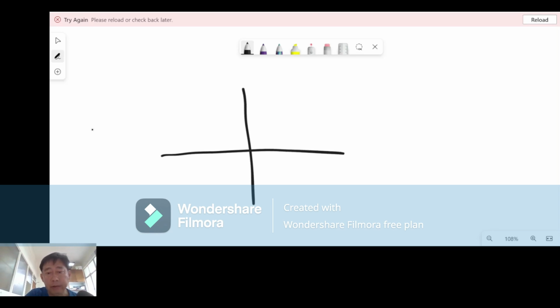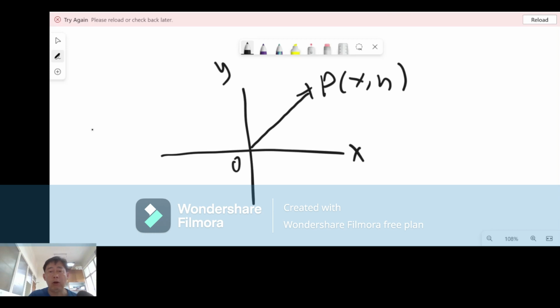So as I mentioned in the class, if you have a point P that has the coordinates x and y, and you draw a line connecting the point P to the origin, then you define the radian measure in the positive direction, theta, in this case.